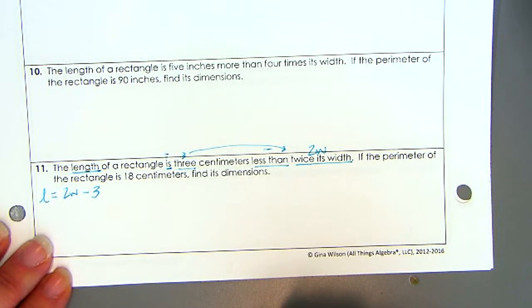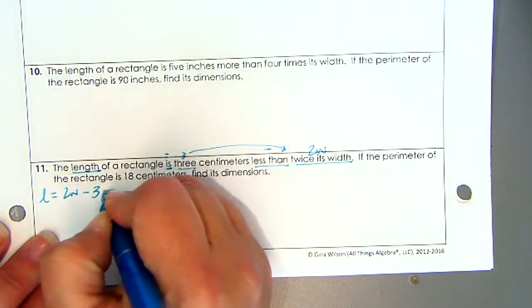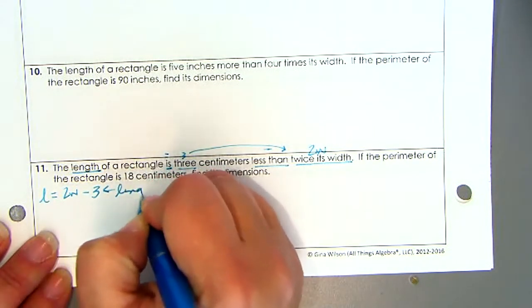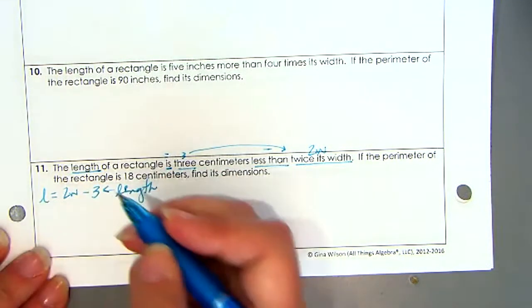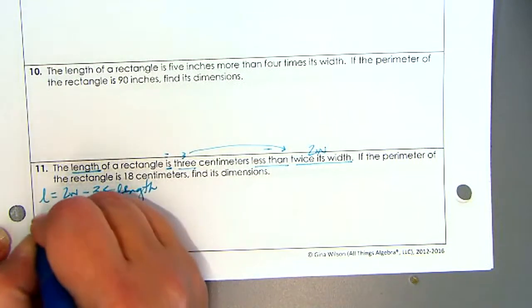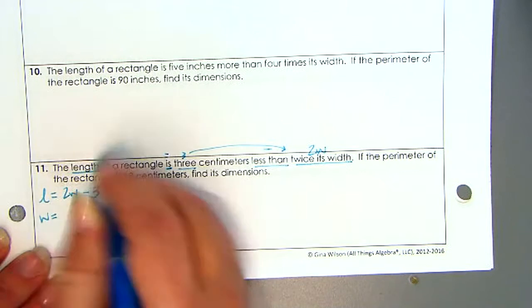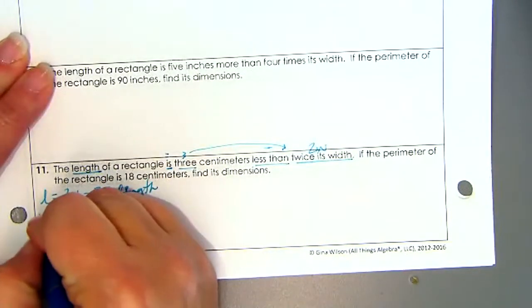So we're going to say L equals, so this is my length. The width, we're going to say W equals, or we're going to let W, I need to make sure I'm writing this correctly and being consistent.